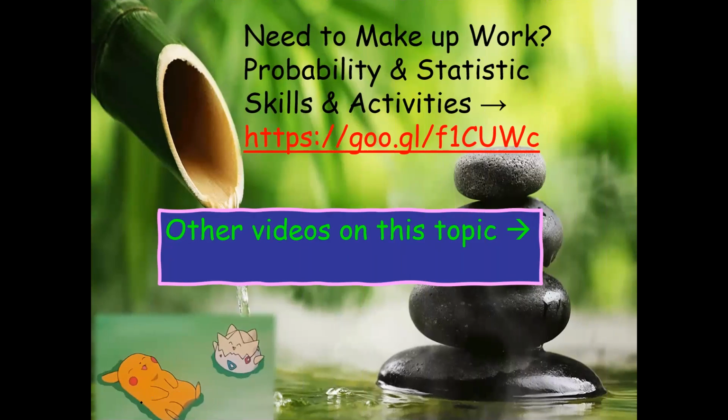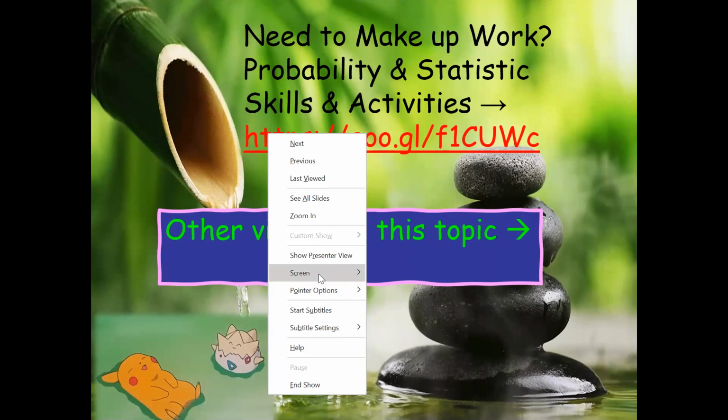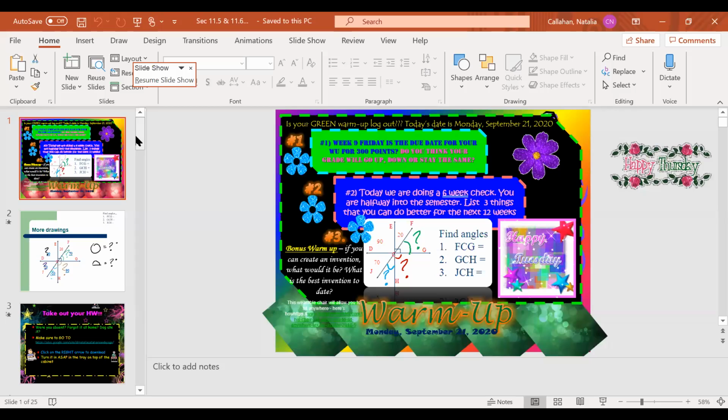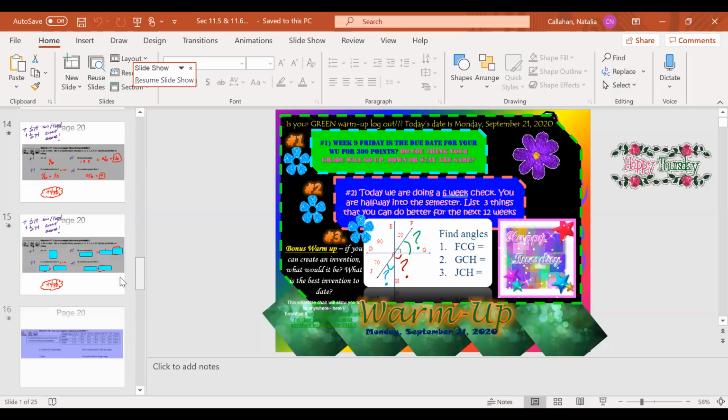And as always, there are tons of resources online. So today we talked about theoretical probability, or I'm sorry, empirical probability.